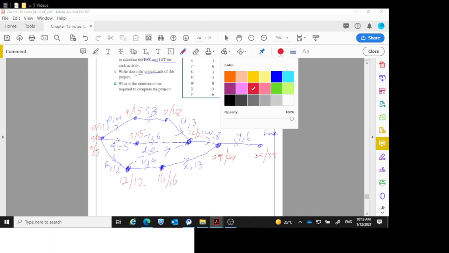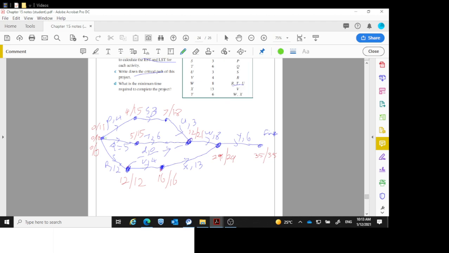Okay, critical path. Critical path 0, 0. Oh, oops, that was 10. Sorry, erase that one. It is 0, 0 there. Okay, 12, 12, 16. So it comes here, and comes here.